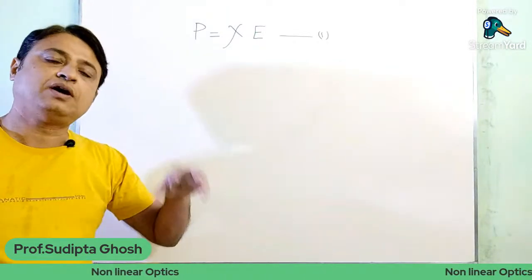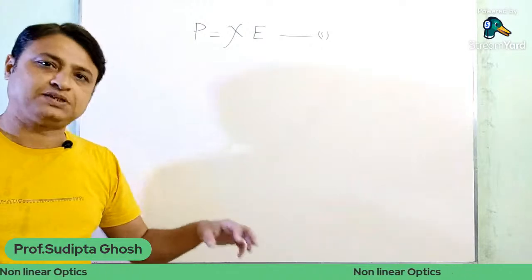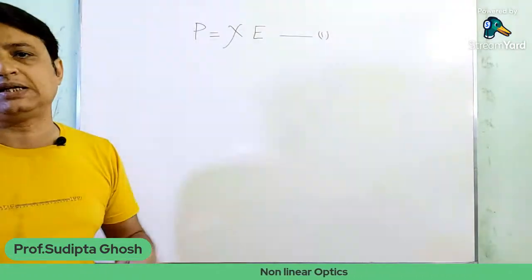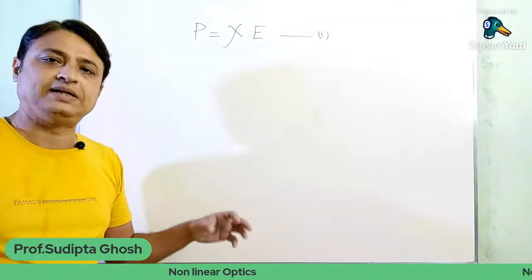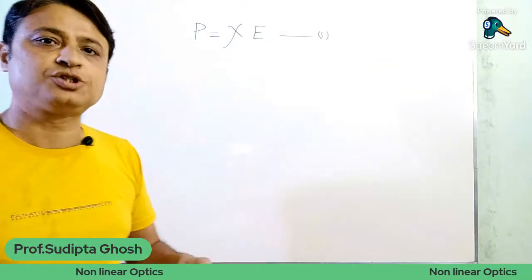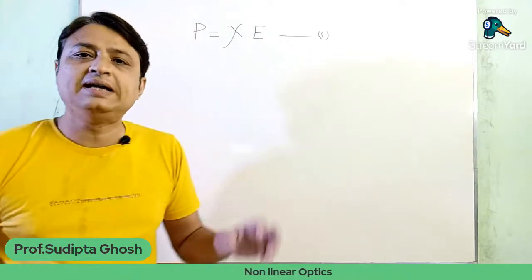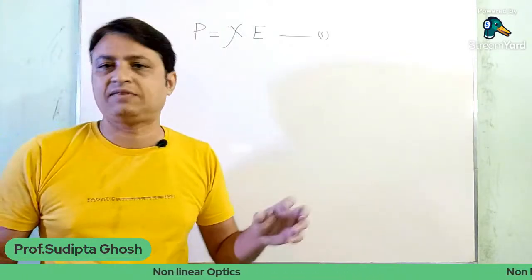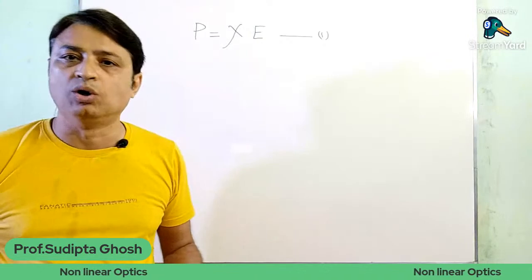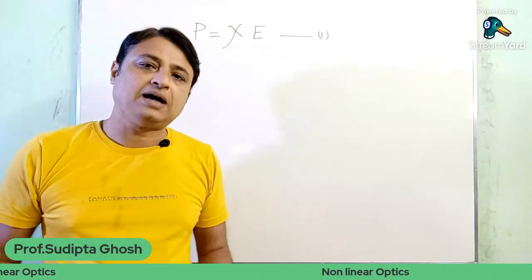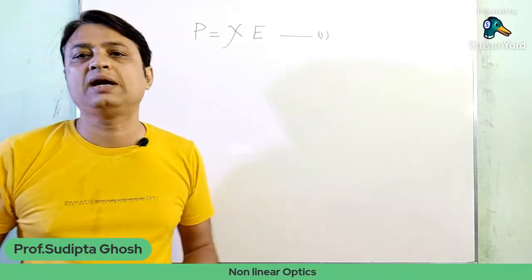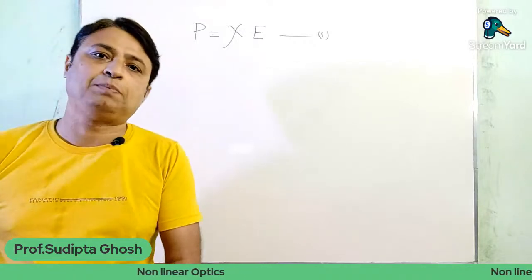Now if for any substance the polarization does not depend on capital E, then the refractive index is also independent of the dielectric susceptibility as a whole. And in this part I am actually talking about the linear optics era.